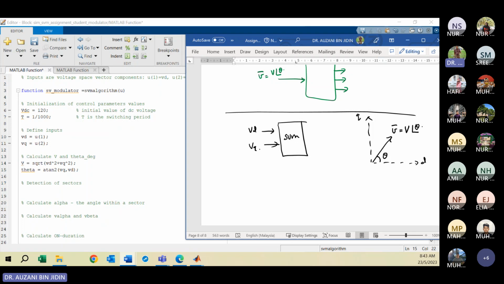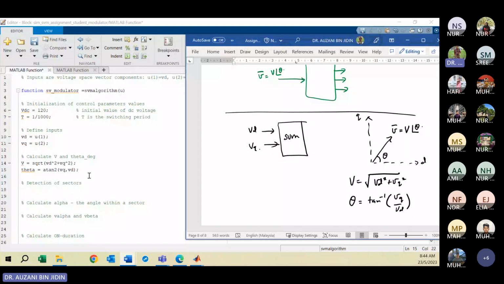From here you can calculate the magnitude, this is simple. Angle is tangent minus 1 of VQ divided by VD. So you apply these two equations and write the instruction.